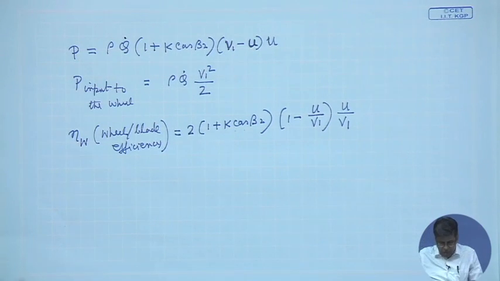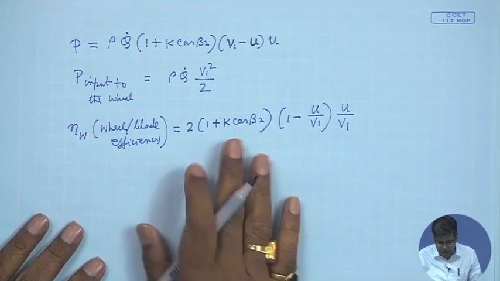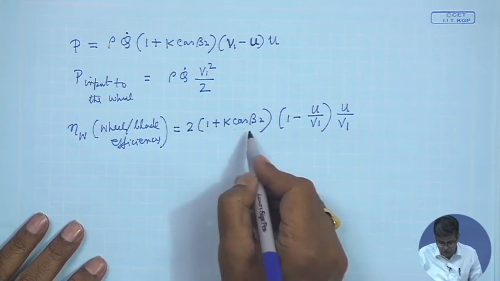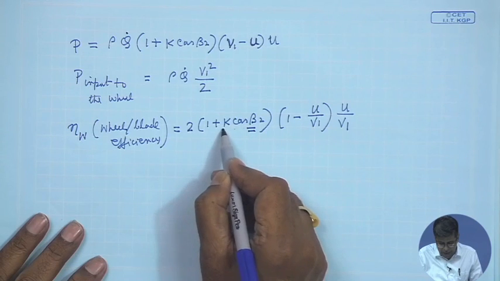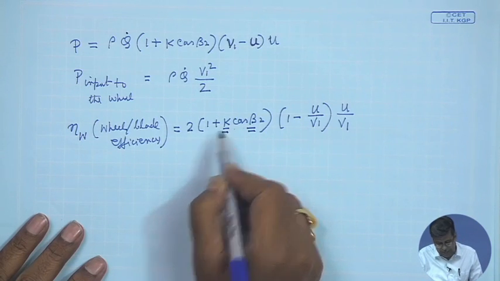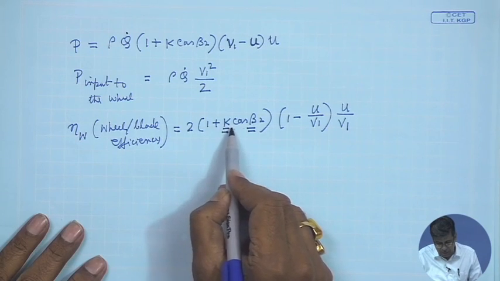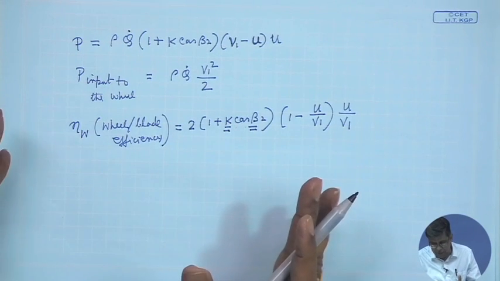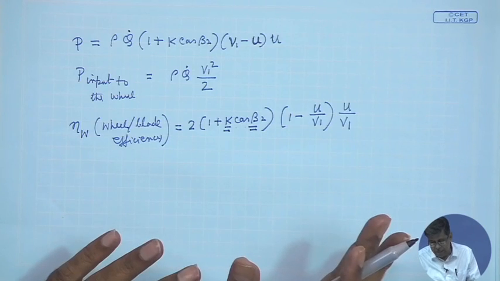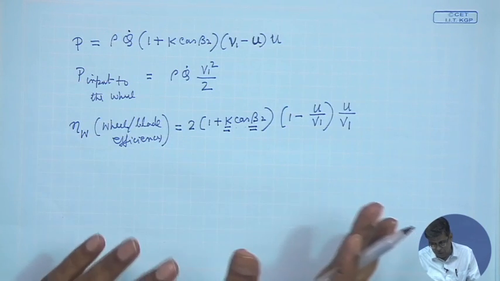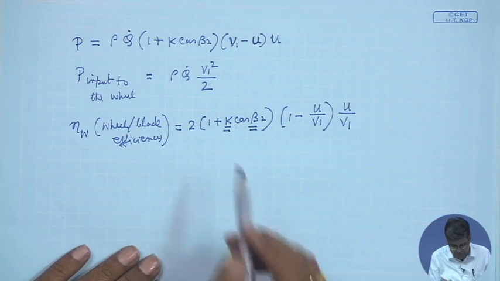Now, here we see that for a given design of the blade, where beta 2 is constant and this factor k takes care of the surface friction, that is, for which VR2 is less than VR1. This is because of the liquid viscosity, and this change in the velocity depends mostly on the type of the surface and the liquid viscosity.